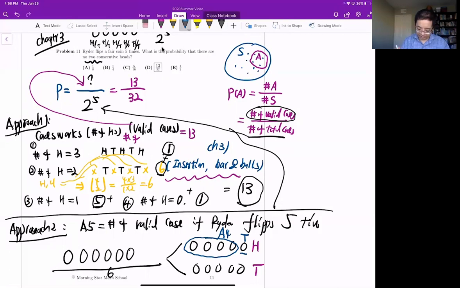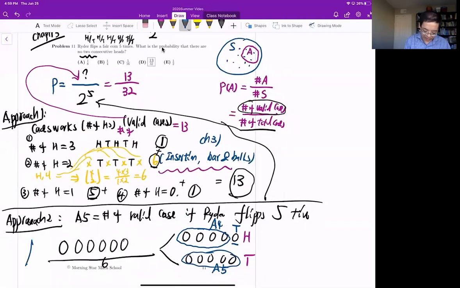If the last one is tail, then for the previous 5 you can do whatever you like, as long as there are no two consecutive heads. So this is just A5, the same scenario as flipping 5 times. And this whole thing is A6.